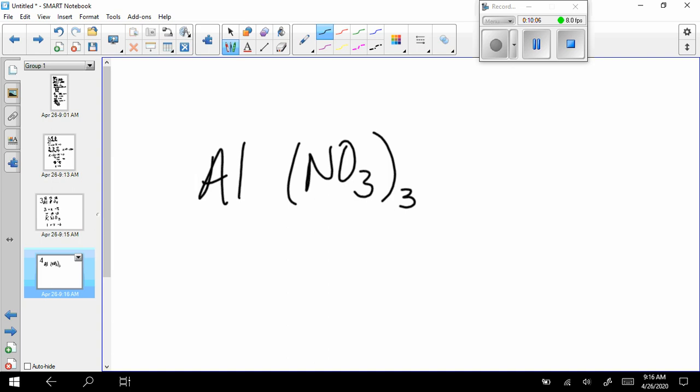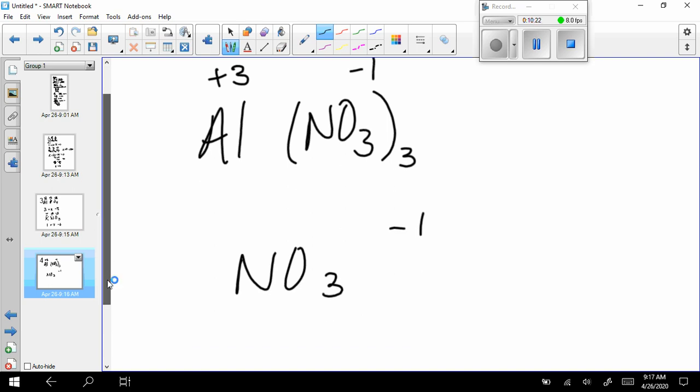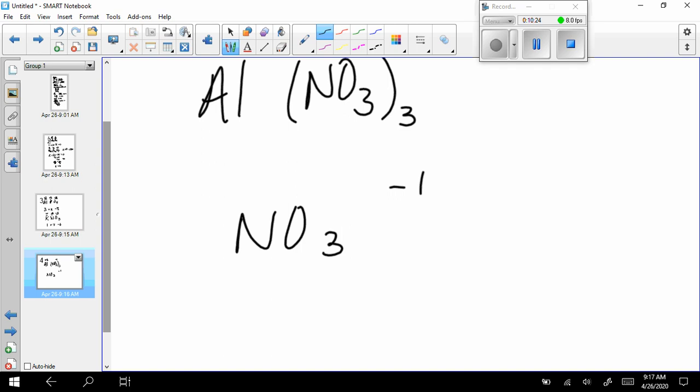Okay, so I do this one, and Al must be the 3, so this is a +3, which means my whole NO3 is a -1. Okay, I'm now going to separate that out. NO3 is a -1. So now I'm going to teach you how to do it when you have ions. So N and O, and I've got to set this equal to -1.